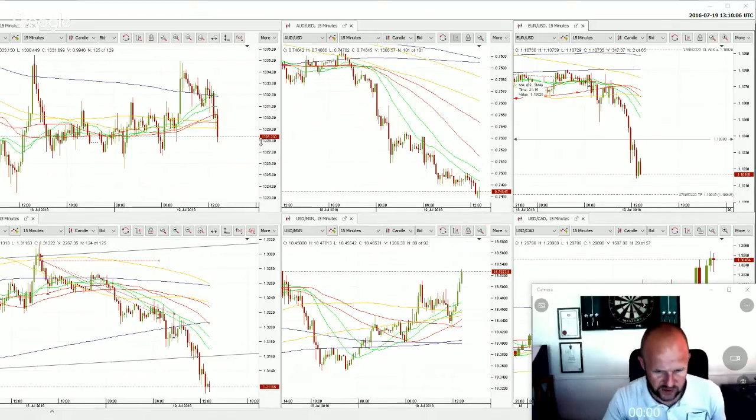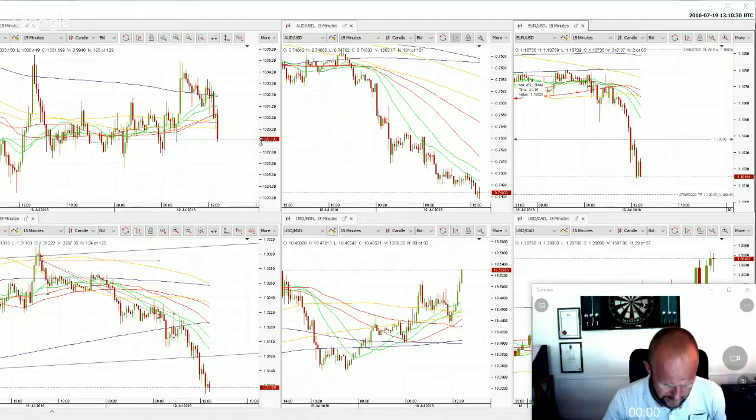So I don't need support levels above it. 1329, not above. 1329, 1326, 1329.10.